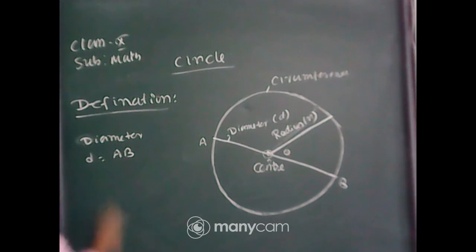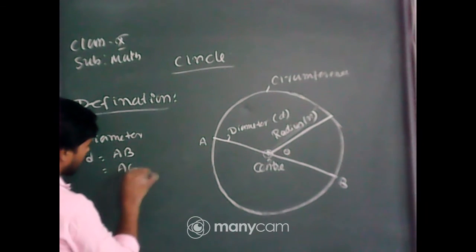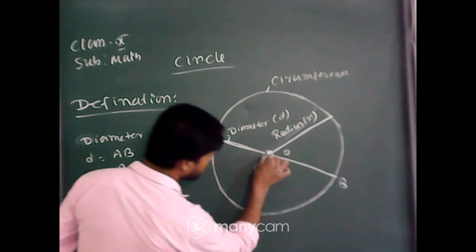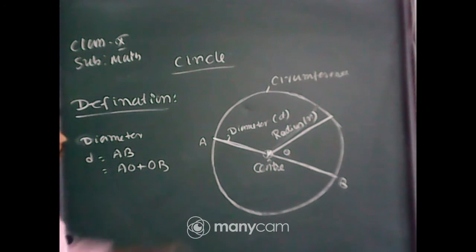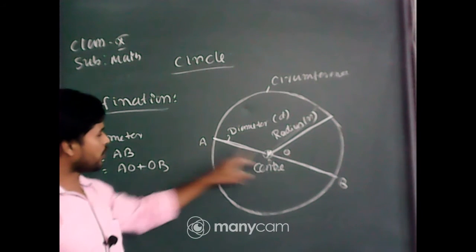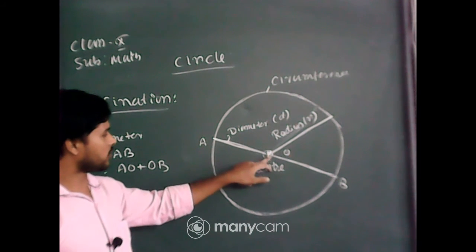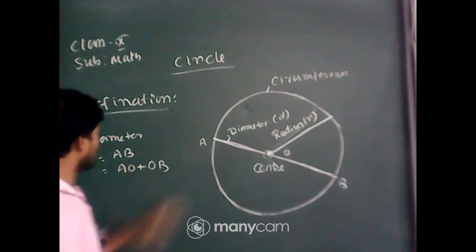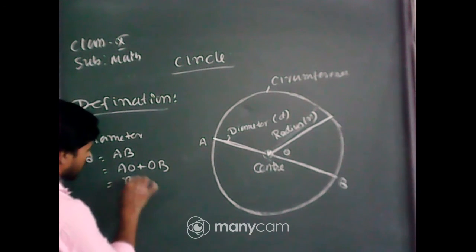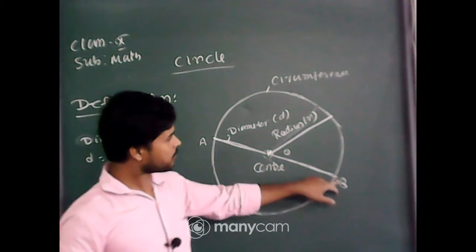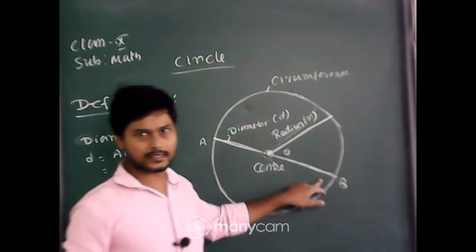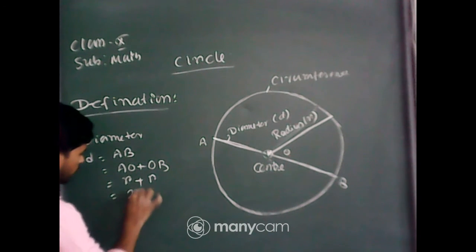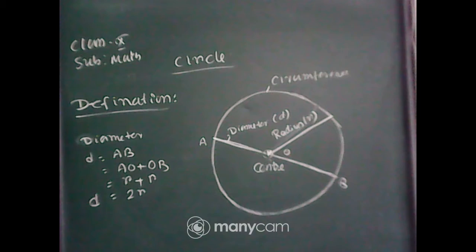Now look, AB can be written as AO plus OB. AO is the radius, the line joining the center to a point on the circumference. So AO is R plus OB, which is also a radius, R. That means R plus R equal to 2R. So diameter D equal to twice R.